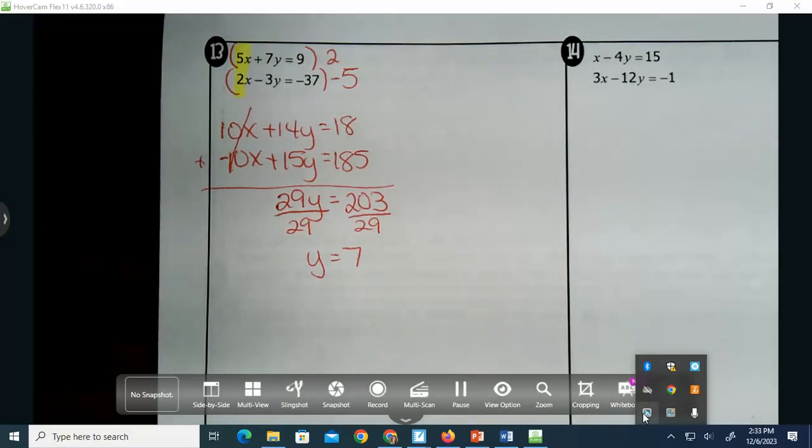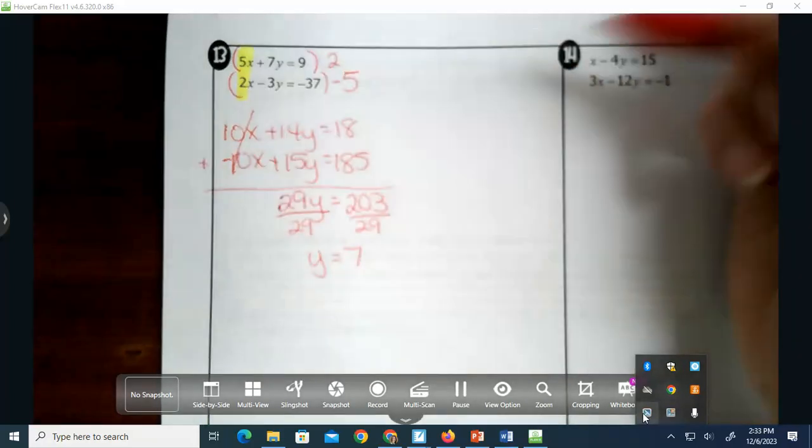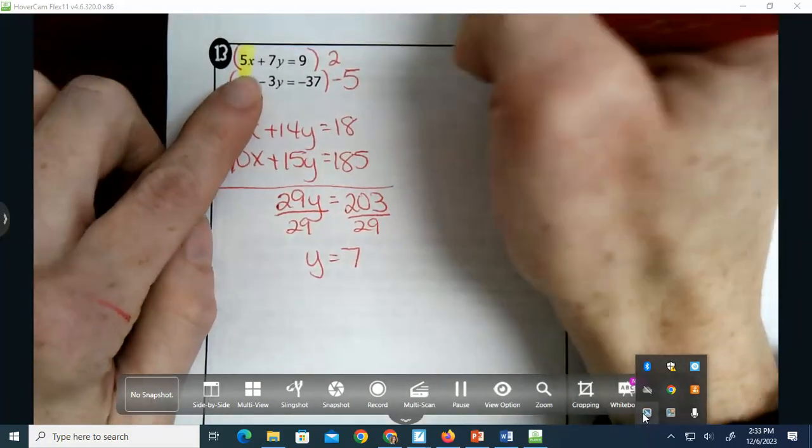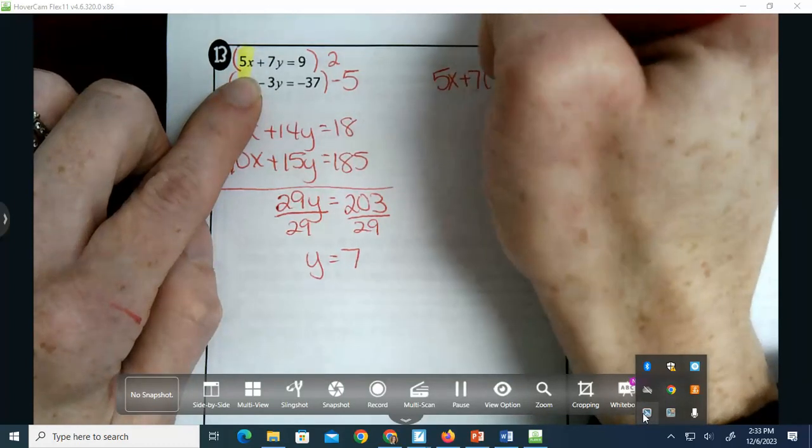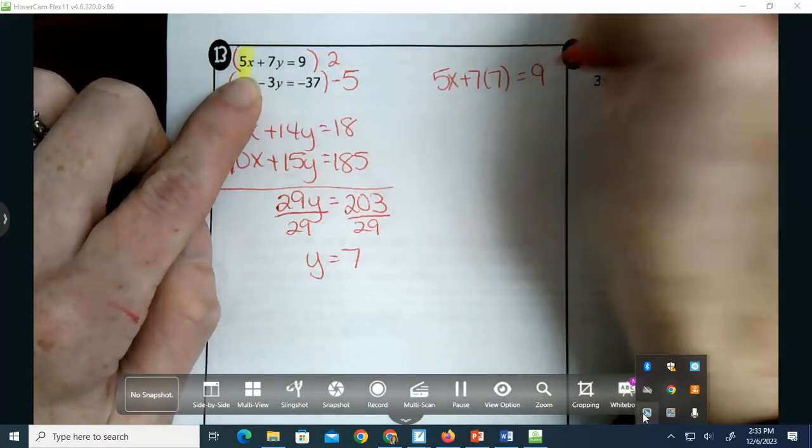Okay. Once you have y, you can plug it back in to the original to get x, so it doesn't matter which one. If I went with the first one, 5x plus 7 times 7 equals 9.